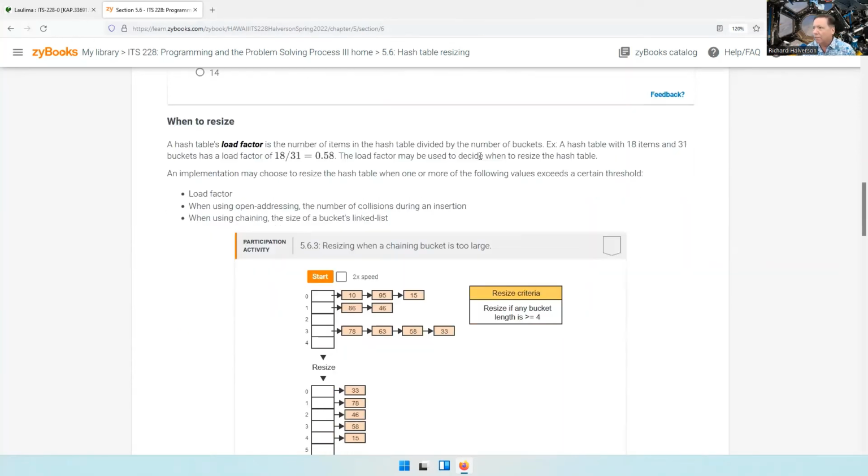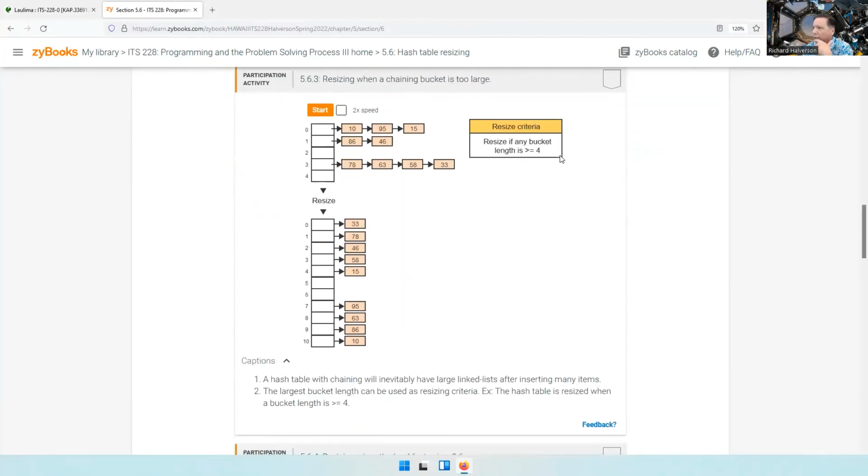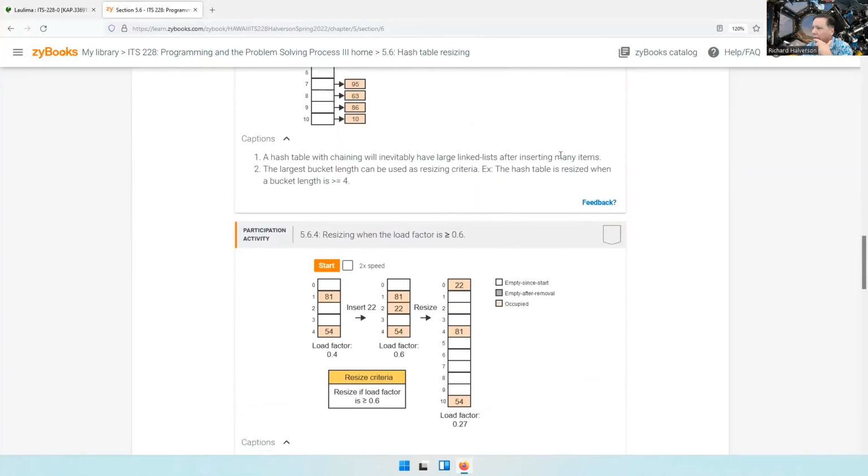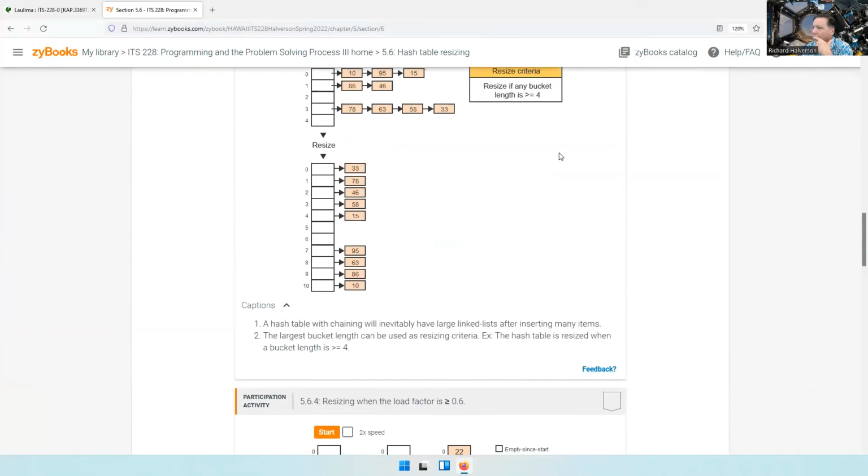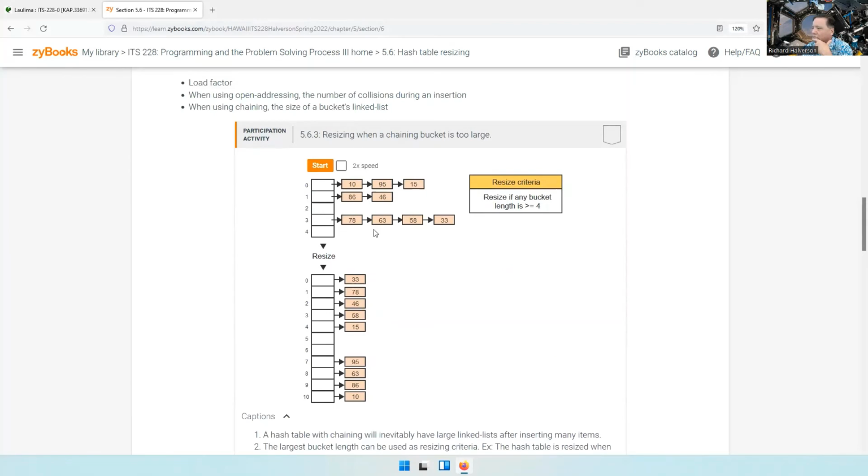All right, so this talks about when you may want to resize. It talks about a load factor, how filled up the hash table is. So let's say you're doing chaining.